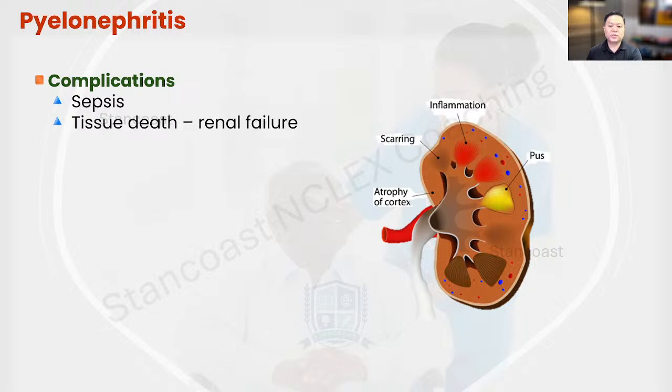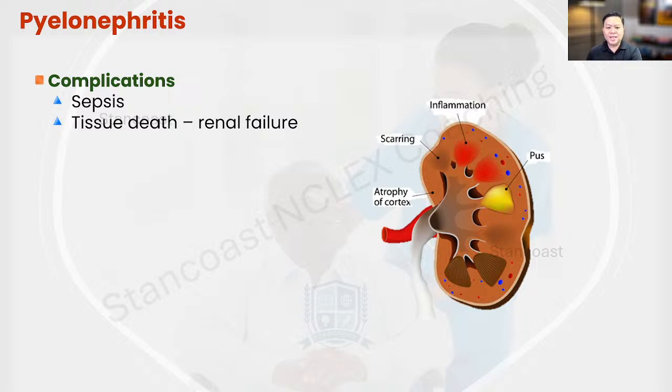Now, there's also going to be tissue death in the kidney papillae, and this will lead to renal failure. And again, this is attributed to severe or recurrent pyelonephritis, which can cause necrosis of the papillae. And this is also a condition that can impair the kidney function and can contribute to either ARF or CKD.